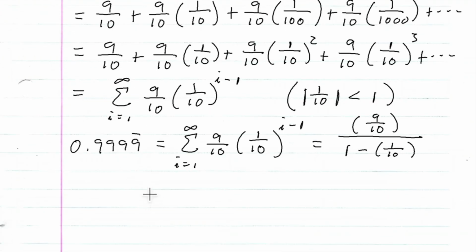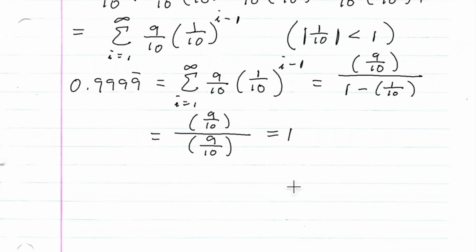And then, of course, this is equal to 9 over 10 over, and then 1 minus 1 over 10 is 9 over 10 again. And of course, anything over itself is 1. So, using the infinite geometric series, we got 0.9999 is in fact equal to 1, which is a pretty cool result.